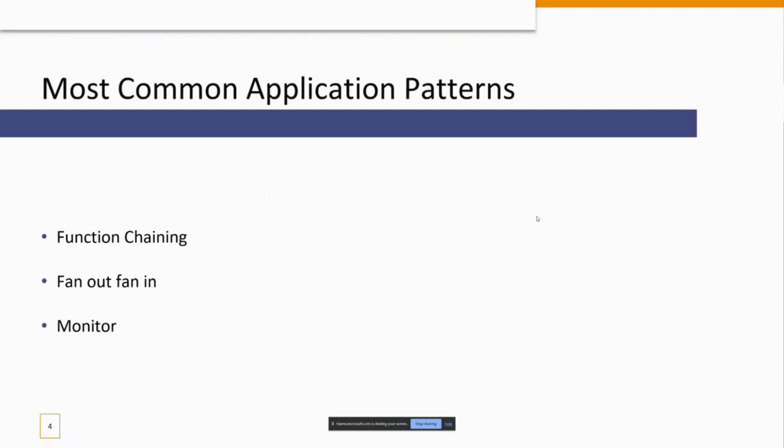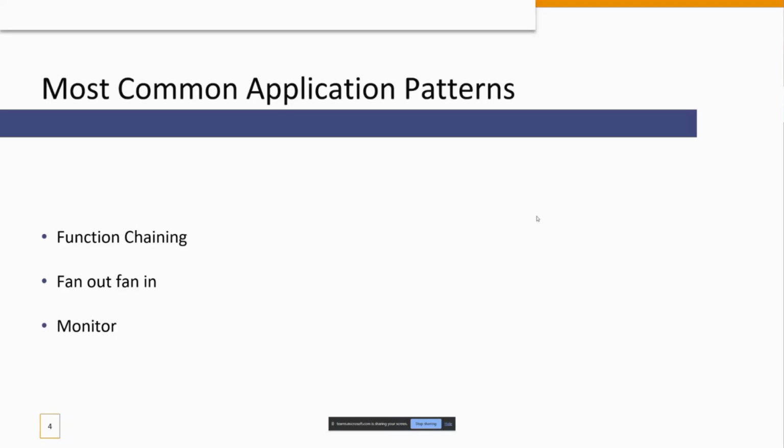So with that in mind, I want to touch base on application patterns of durable functions. The most natural and straightforward of all the application patterns is function chaining, and this is really what today's demo will be and what we'll be focusing on.